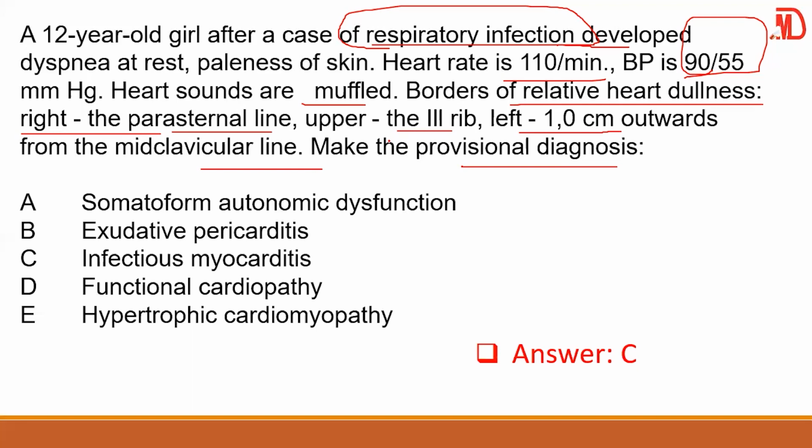Even though they didn't bring anything relating to the ECG findings, we could put this at the back of our minds, that if they have brought diffuse T-wave inversions or saddle-shaped ST segment elevation, we could still be looking out for myocarditis. But like I said, the saddle-shaped ST segment elevation may also be present in pericarditis. All right. So your answer is C.